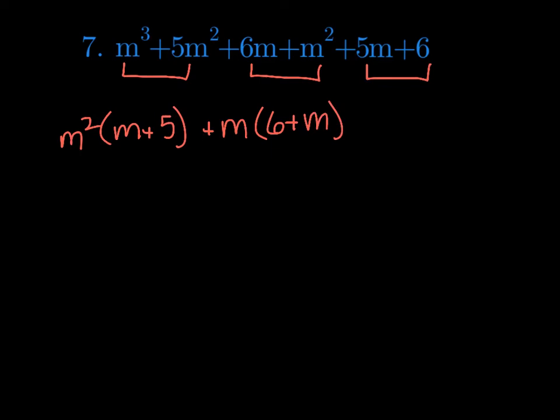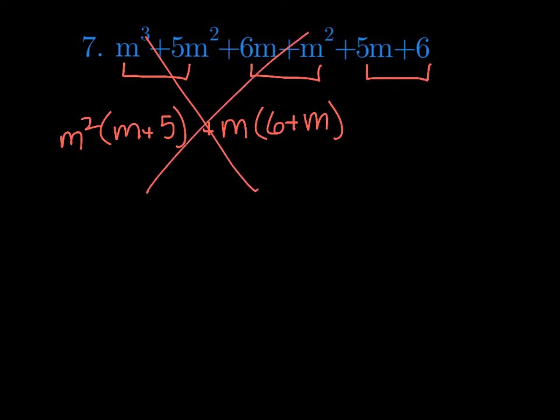Well, I have a problem, because this binomial here and this binomial here are not the same. And if I'm doing factor by grouping, they should be, right? Okay, so that's why I told you not to write this down. So in this case, grouping in groups of 2 is not going to work. Okay, so we can consider this not an option.